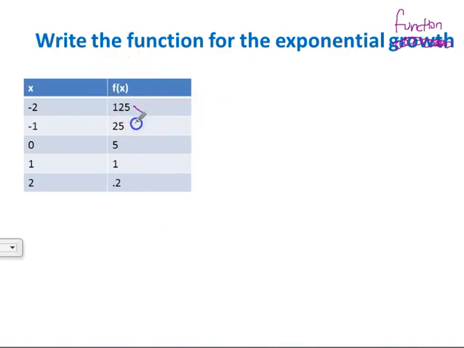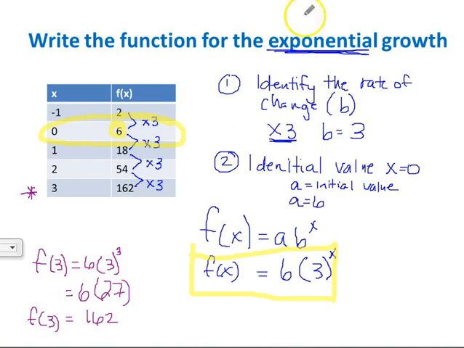So now we're going to need smaller each time. So we're dividing, right? In this case, because we're dividing, this is a little tricky. I should have been showing you guys that the easiest way to find the rate of change, or the amount that we're changing each time, is to take one of the numbers and divide it by the number previous to it, just like we did with geometric sequences.